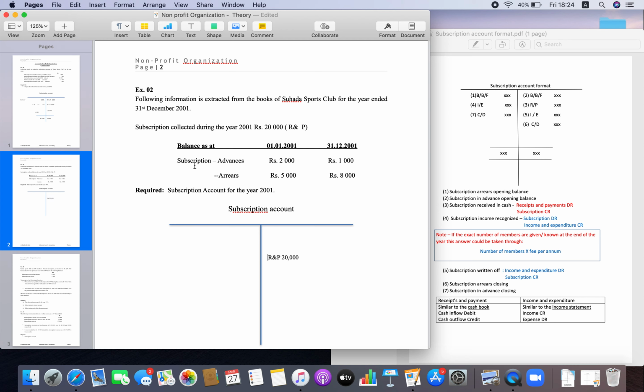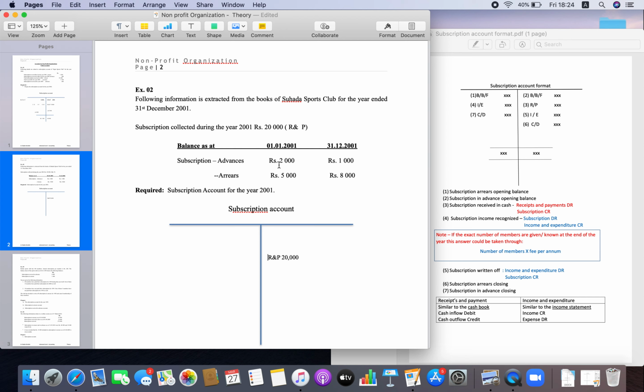Now guys, unlike the last question, this one is a very straightforward question. Number one, they have given us the balance as at 1st of January. So what I want you to do is, on top of this, please mark and keep opening balances. Likewise, for 31st of December 2001, on top of this, please mark and keep closing balances. Number one, subscription advance 2,000.